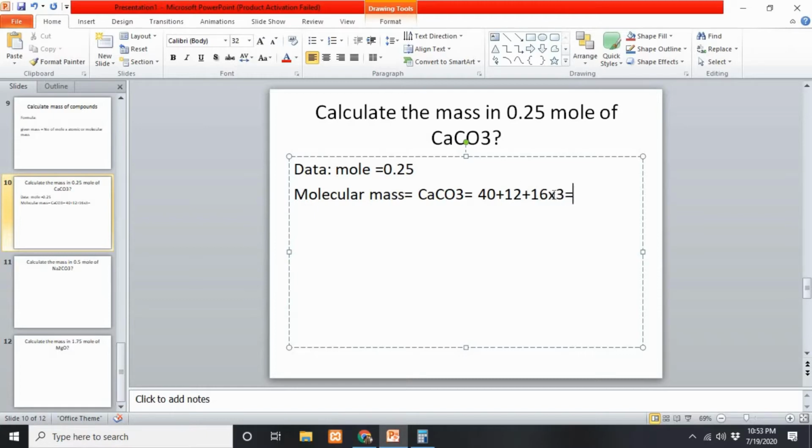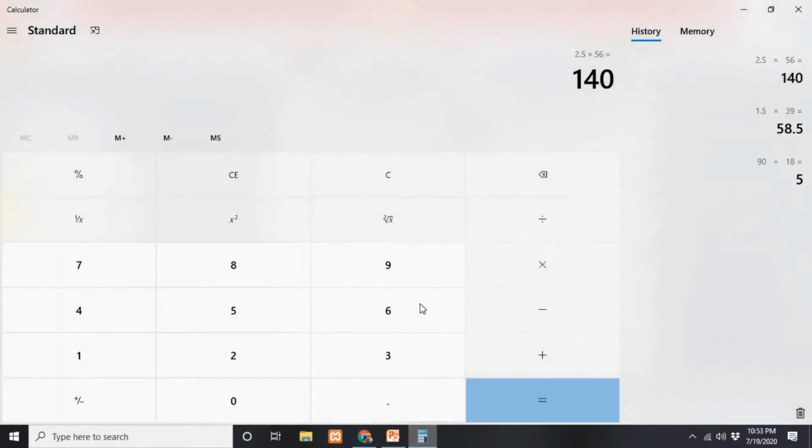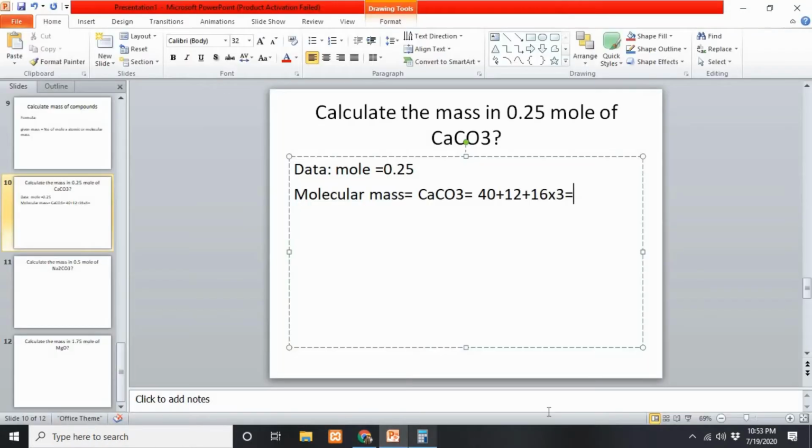Now we have to calculate this sum. 40 plus 12 is 52, and 16 into 3 is 48, and we add 52 and 48. The sum becomes 100. So it means that the molecular mass of calcium carbonate is 100 AMU.